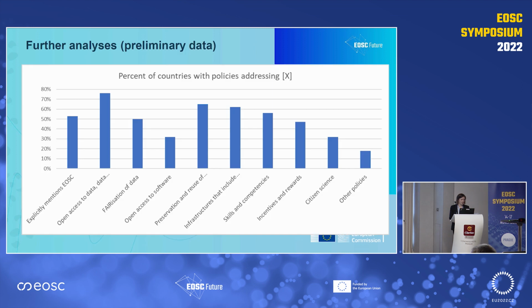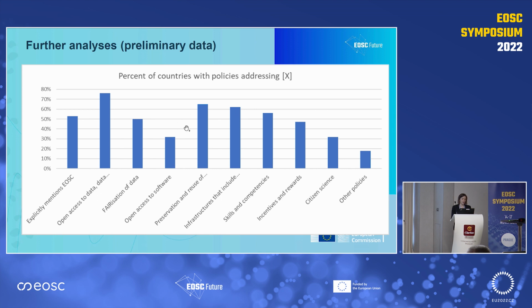But the quantification that shows the elements of open science being covered in different areas shows here that open access to data, data management and FAIR are the most commonly addressed elements, and these are followed by, not sure if I can point here, the preservation and reuse of data and the infrastructures that include aspects of open science.